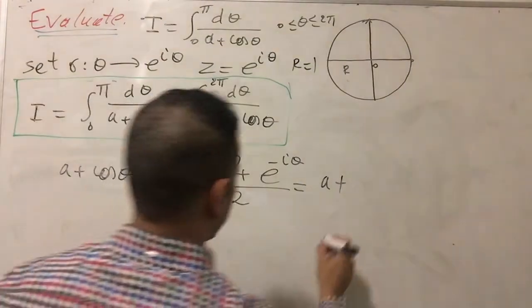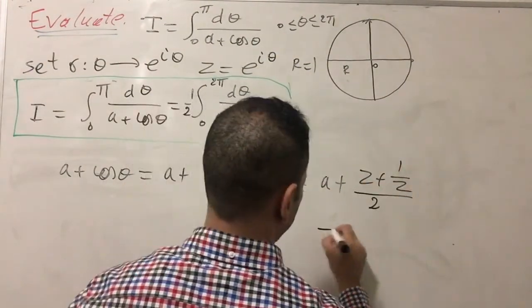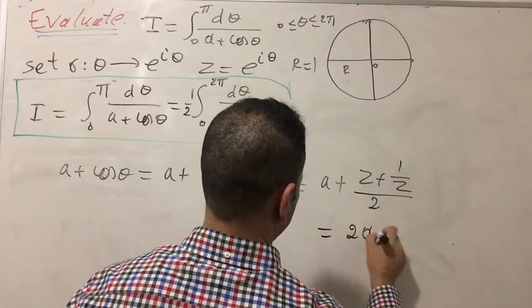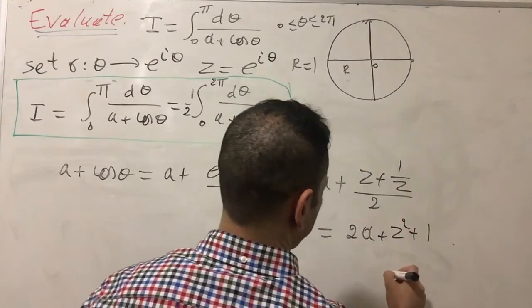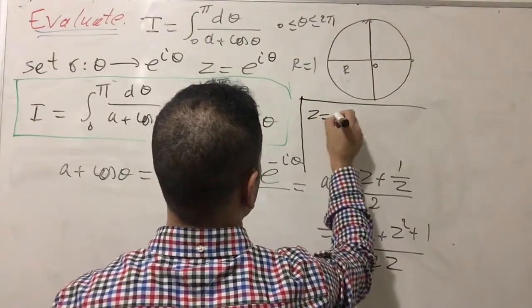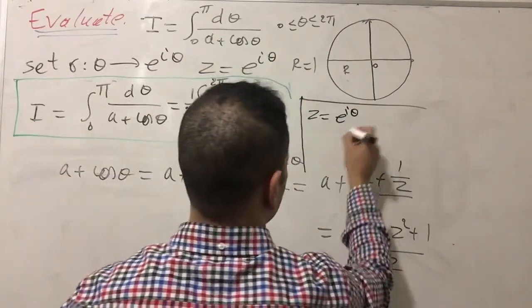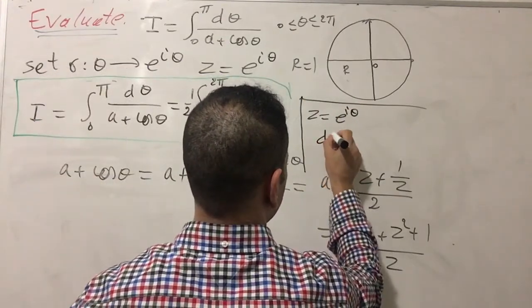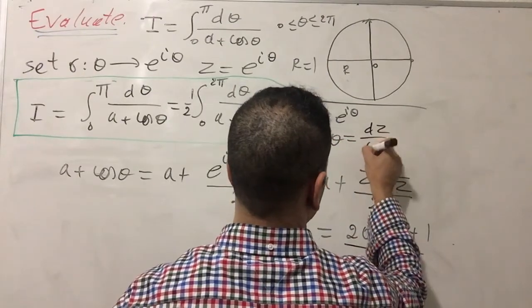So this one is a plus z plus 1 over z, which gives us 2a plus z squared plus 1. For the d theta, we have z equal to e to the i theta. I'm going to differentiate this one, so I will have d theta equal to dz over iz.